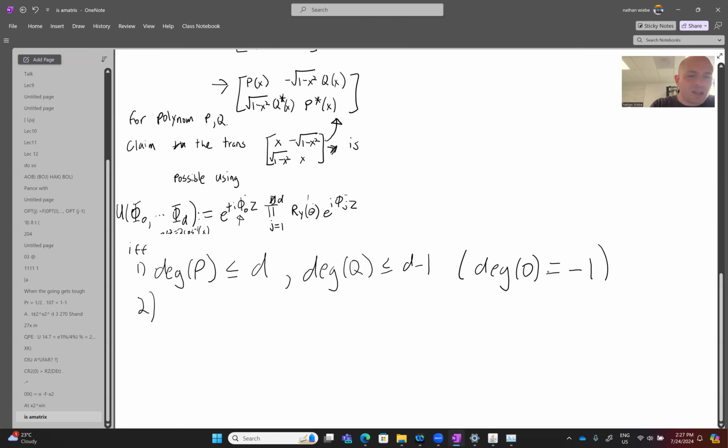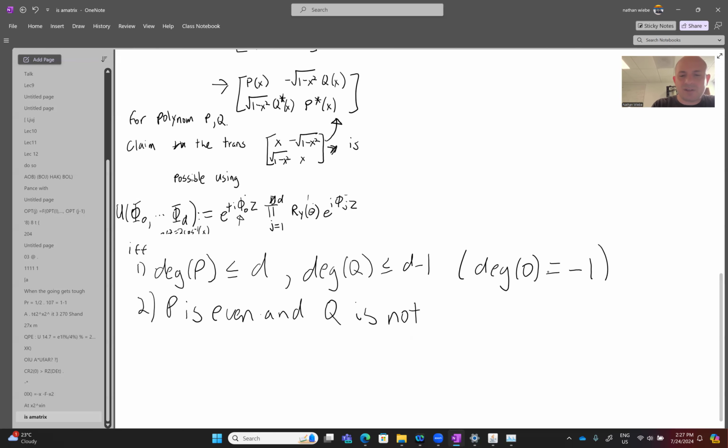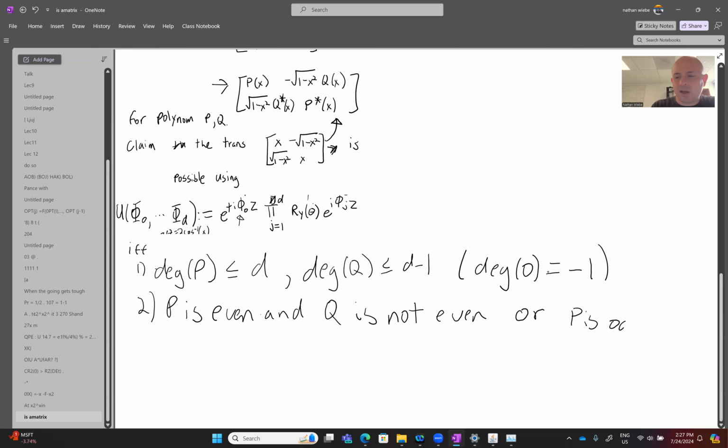Two, P is even and Q is odd, or P is odd and Q is even.